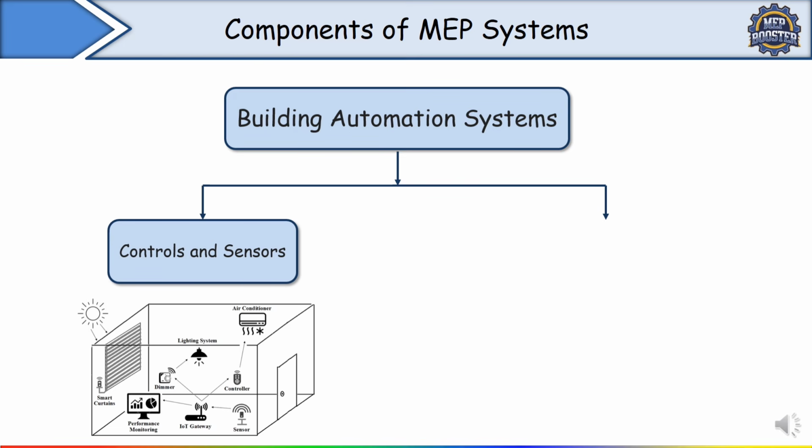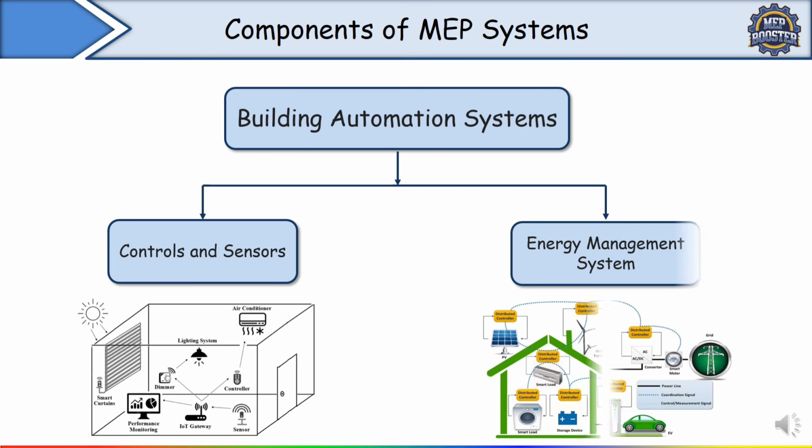It can manage lighting levels based on occupancy and natural light availability, optimizing energy use. Okay, and this building automation system integrates with security system to monitor access points, surveillance cameras and alarms. Okay, it can also monitor fire alarms, sprinkler systems and emergency lighting. Okay, in that, the next is an energy management system.